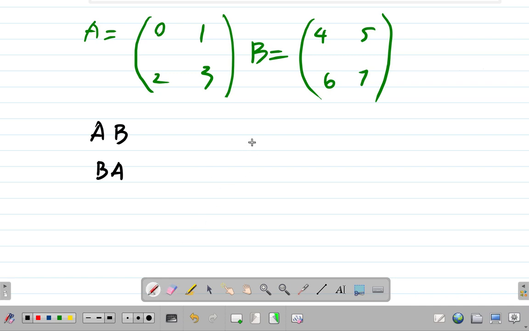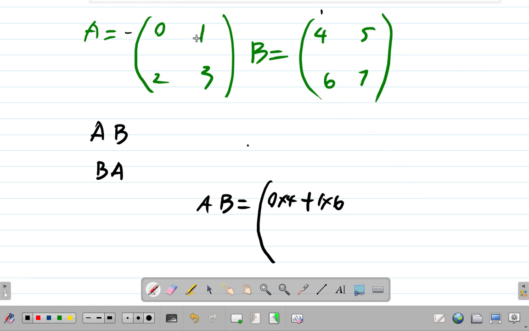So, what is AB? AB equals going to be row 1, column 1. This row times this column. First element 0 times 4, plus second element 1 times 6. Alright.